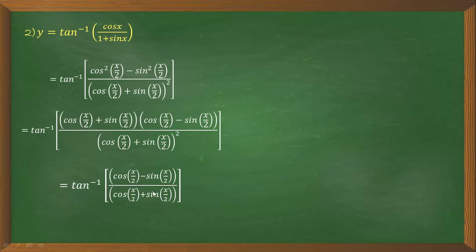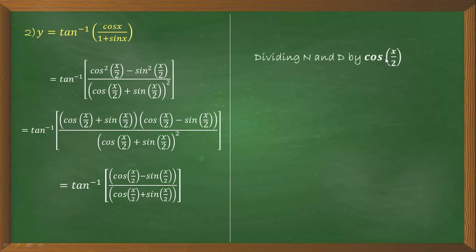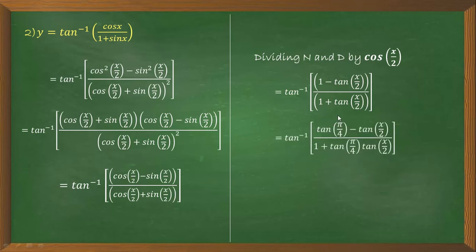Now after getting this step, again we have to divide numerator and denominator by cos x by 2. Follow the same procedure, and then you will get tan inverse of (1 minus tan x by 2) upon (1 plus tan x by 2). Again this 1 in the numerator can be replaced as tan pi by 4.